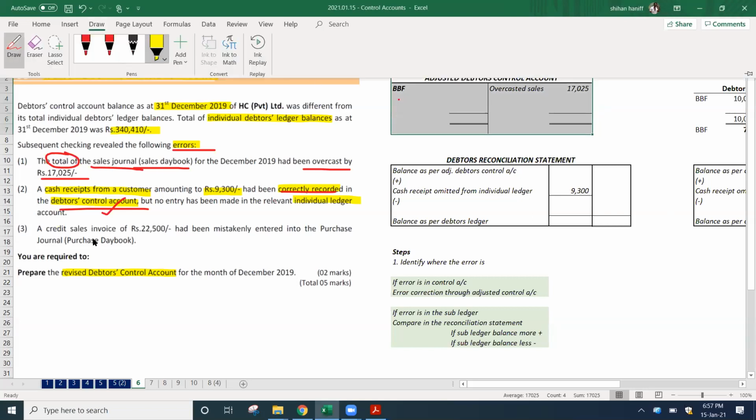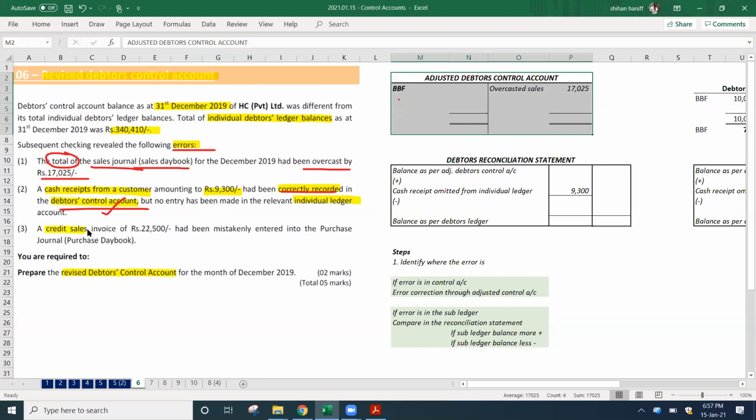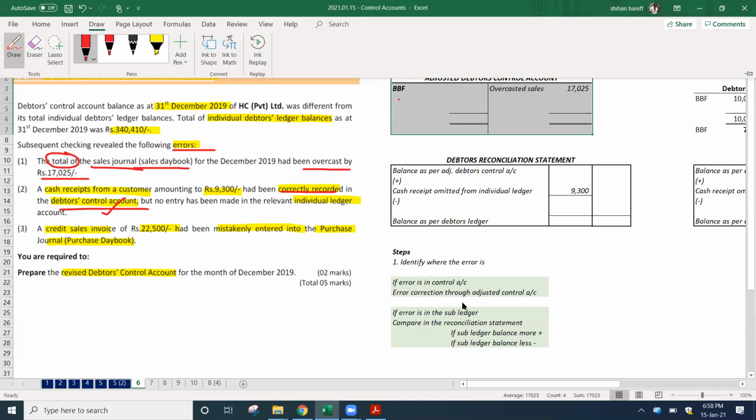Next question, next error. Credit sales invoice 22,500 had been mistakenly entered into purchases journal. Now what has happened? The invoice had been mistakenly entered into purchases journal. Now where does this affect? Where is this error? Is it control account or individual account?